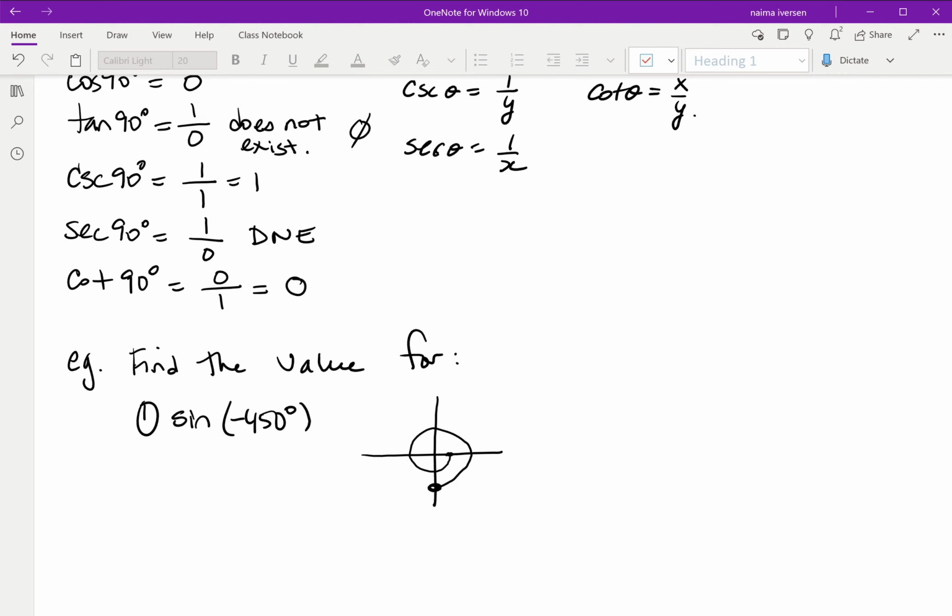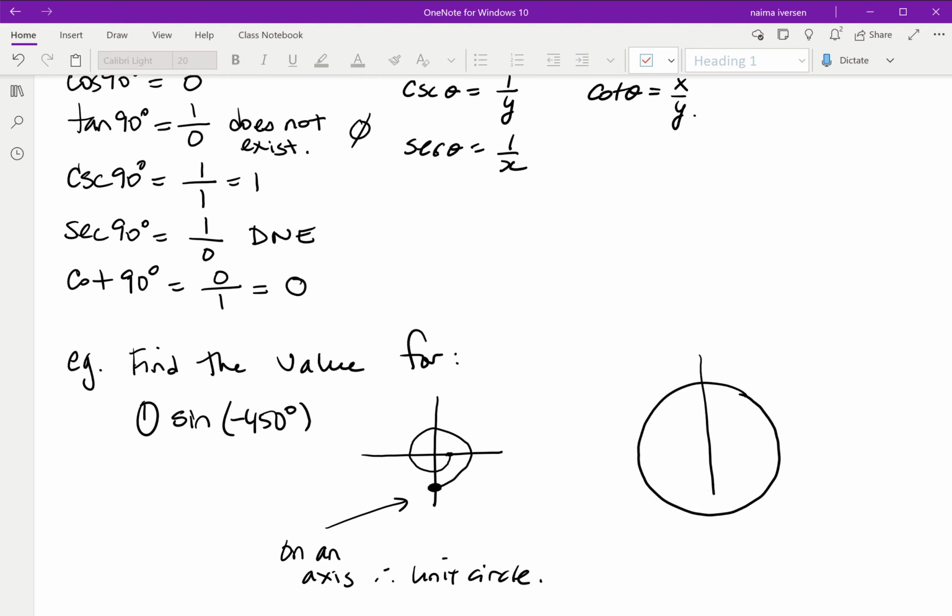We're down here. We're on an axis, and as soon as we are on an axis, we are therefore going to be using the unit circle. Okay, so here's our unit circle sitting right in here. We're at the bottom, remember all the points. This is (1, 0), this is (0, 1), this is (-1, 0), this is (0, -1).